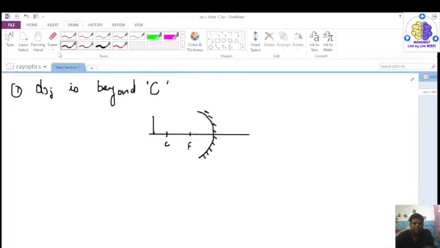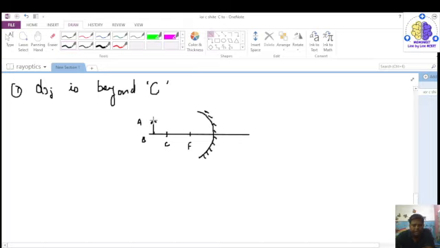Now when the object is placed beyond the center of curvature, we will have to take at least two rays coming from the object, right? So if this is the object AB, let this be the first light ray.